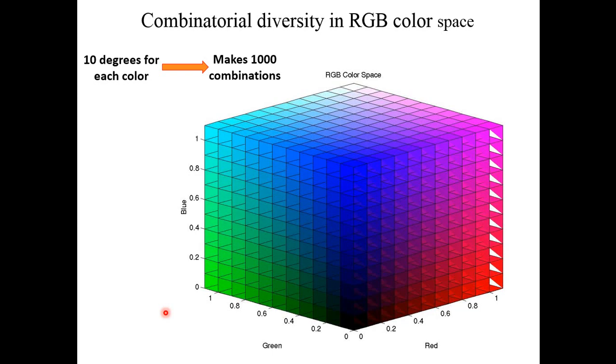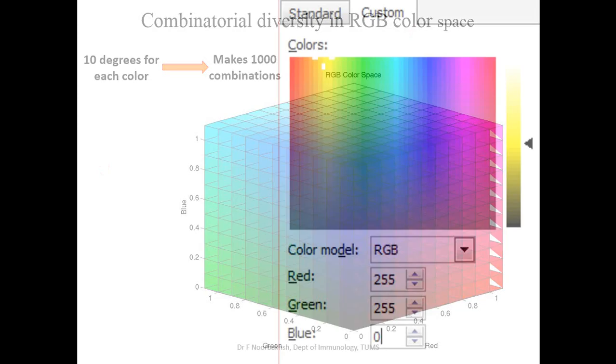So this gave rise to the so-called imaginary color space that people called RGB color space. And this color space, or this cube, got bigger and bigger by including more different shades of these colors.